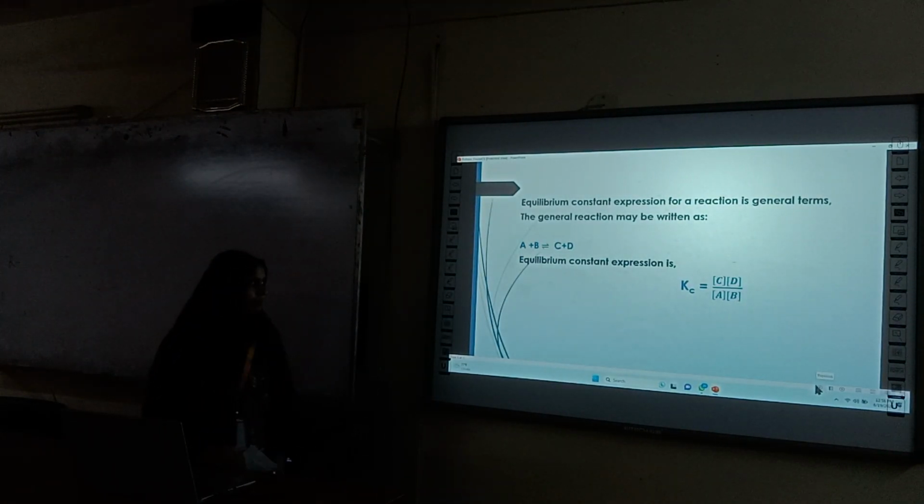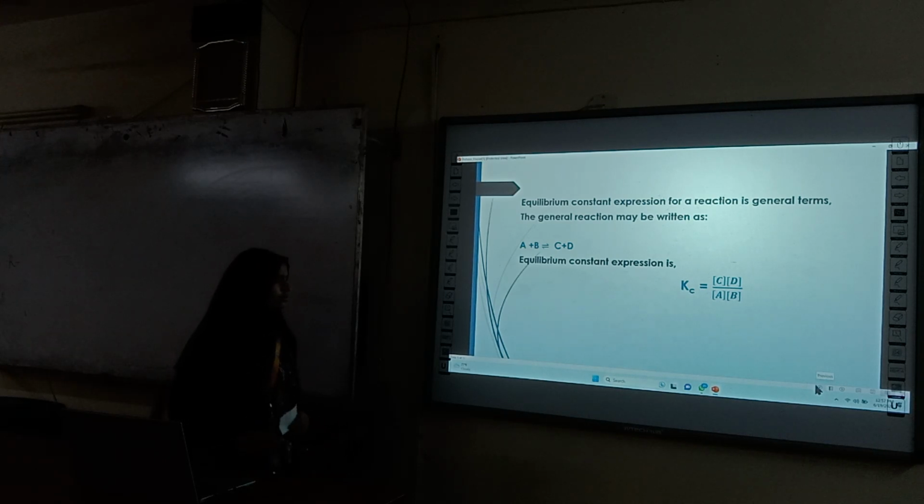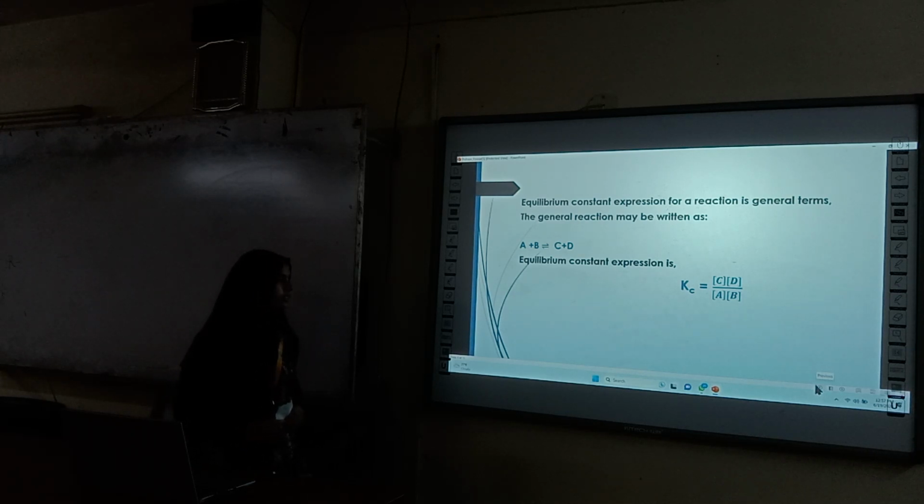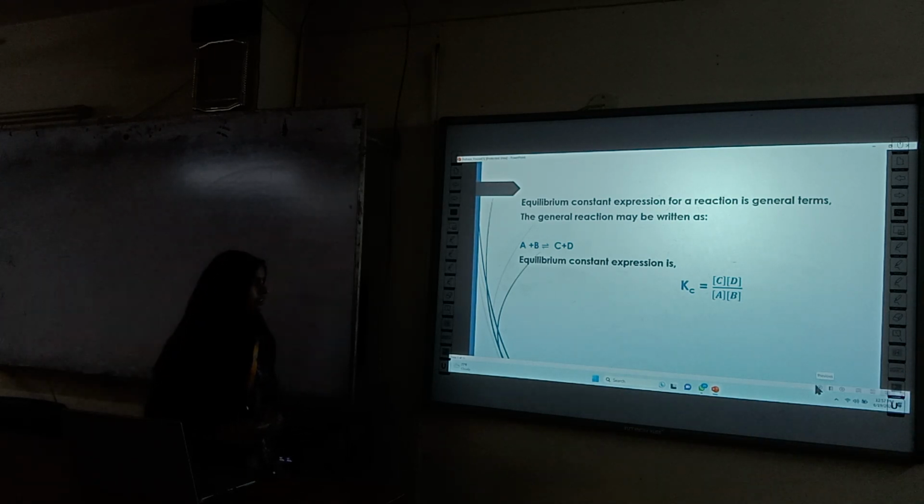The general reaction may be written as A plus B equals C plus D. Here the equilibrium constant expression is Kc equals C times D divided by A times B. Here C and D are the concentrations of the products, and A and B are the concentrations of the reactants, and the equilibrium constant is denoted by Kc.